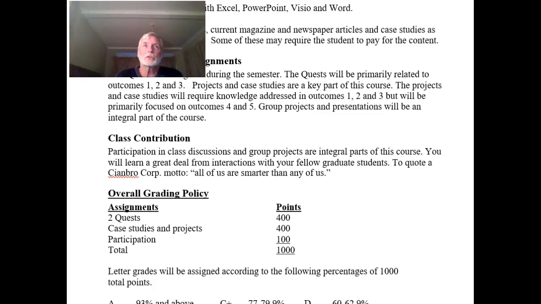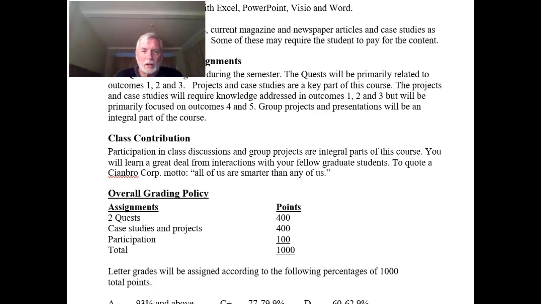If you just jump in on the Saturday before it's due, then you don't really get to participate in the discussion. So I look at that, and that's part of how I evaluate your performance. 10% of your grade is based on participation, and obviously participation means participating.